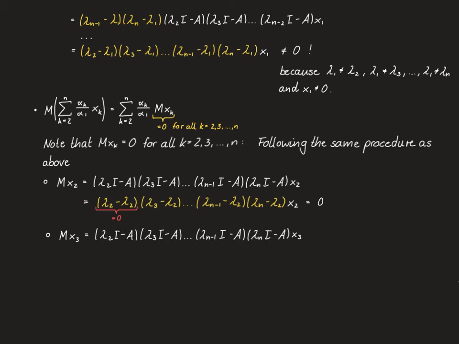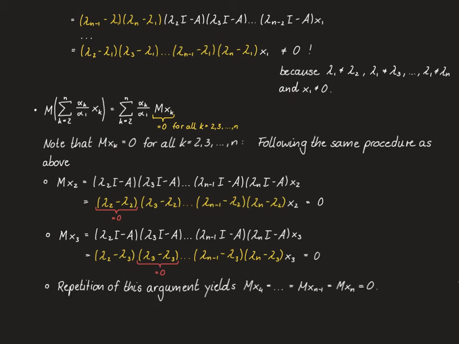Then we can do the same thing for Mx3, which by definition of M equals this expression. And if we again apply our procedure from above, we get that this is equal to lambda 2 minus lambda 3 times lambda 3 minus lambda 3 and so on up to lambda n minus lambda 3 times x3. This time it's the second factor that's 0, and it follows that also Mx3 equals 0.